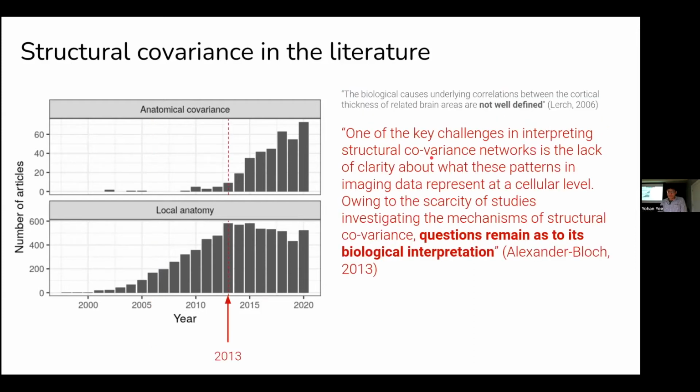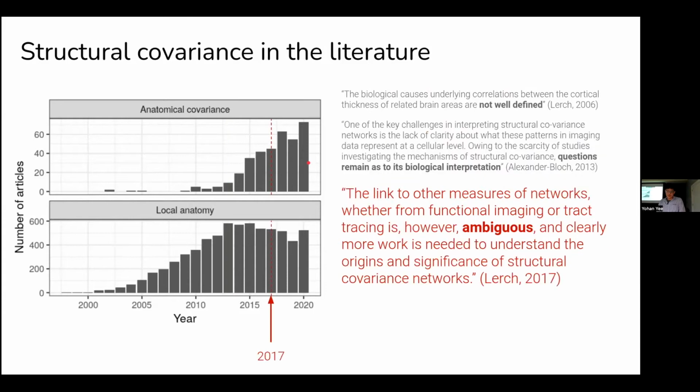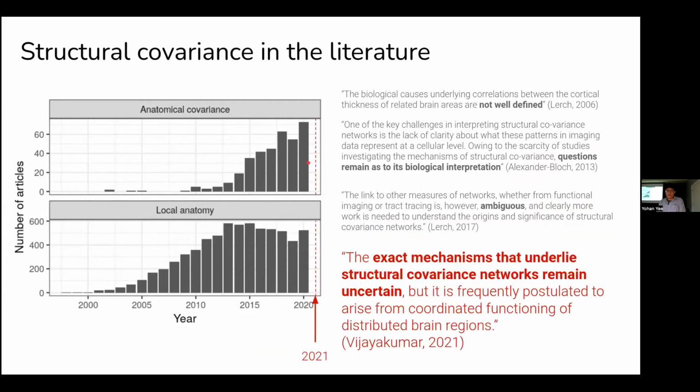A few years after that, in a very influential and highly cited review on structural covariance, Aaron Alexander Block says that questions still remain as to the biological interpretation of structural covariance. More recently, the underlying neurobiological correlates of structural covariance is still very ambiguous. And most recently, again, the exact mechanisms that underlie structural covariance networks still remain uncertain.